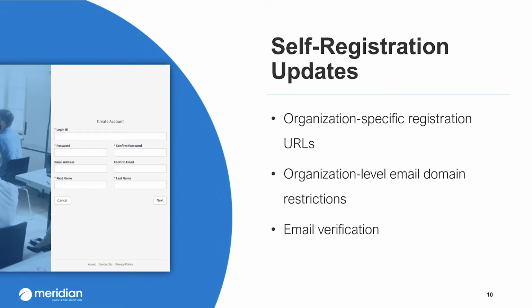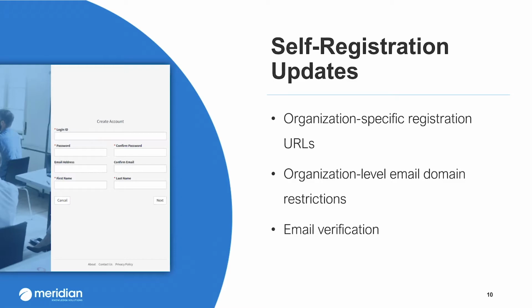This takes the guesswork out of how you get the person into the right organization when they're signing up for themselves. You don't necessarily have to give them a list of all possible organizations, or wait for them to register and then move them into the correct organization. We can get them a specific URL that would automatically put them into the correct organization.